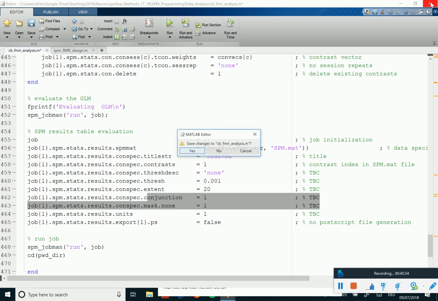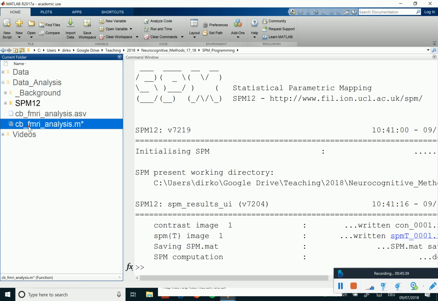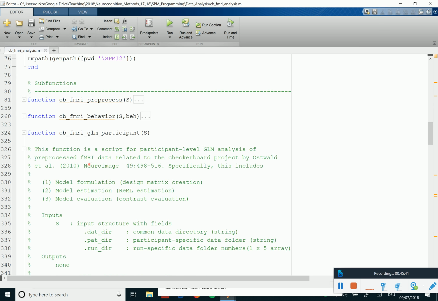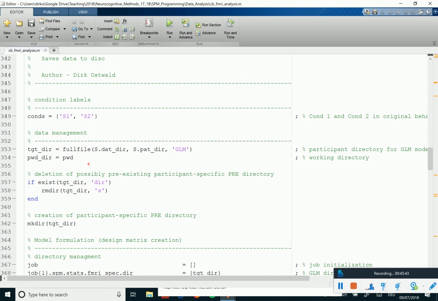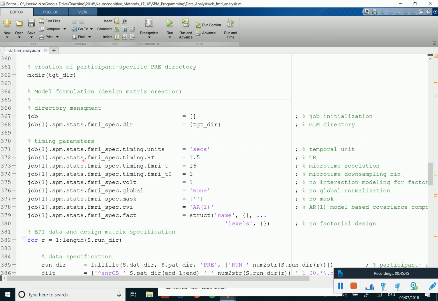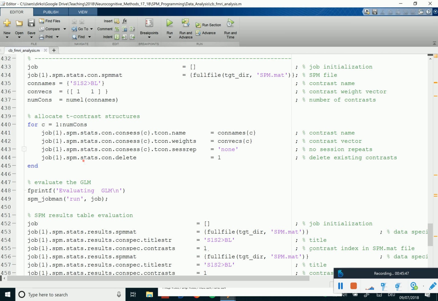So if we run this, let's just run the whole GLM again, although then it's estimating again, but this doesn't take that long.